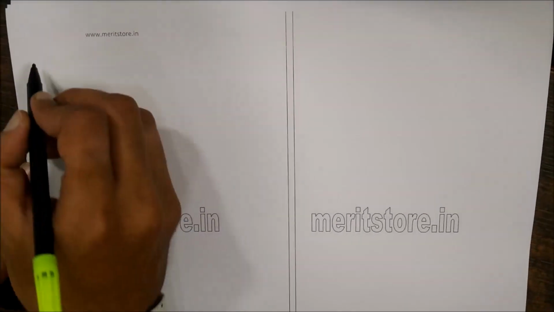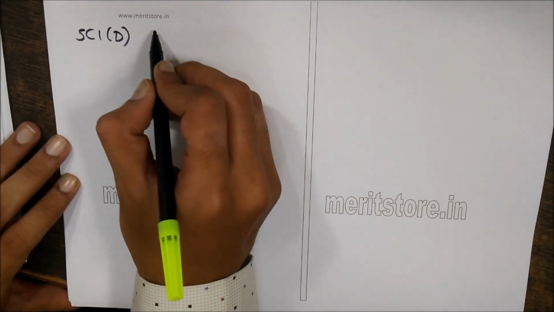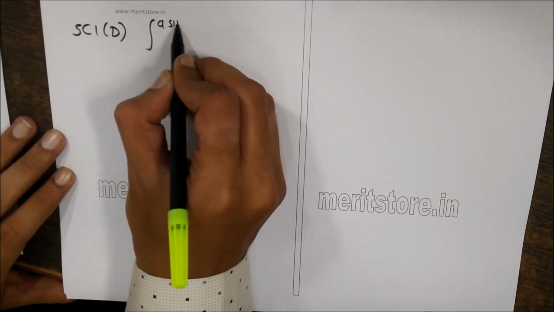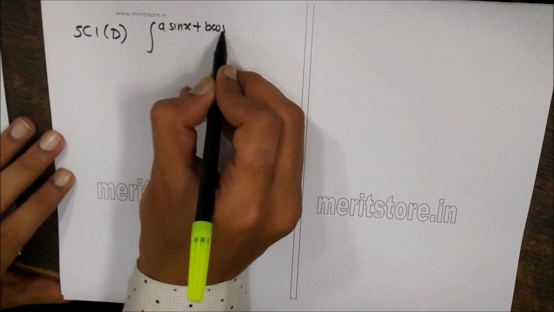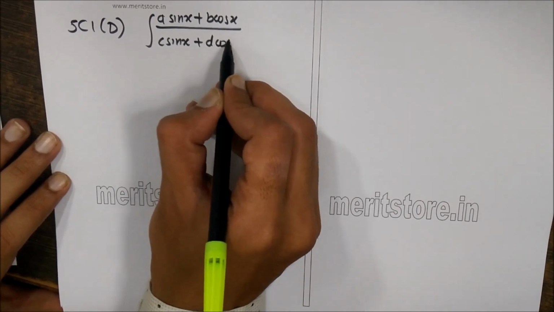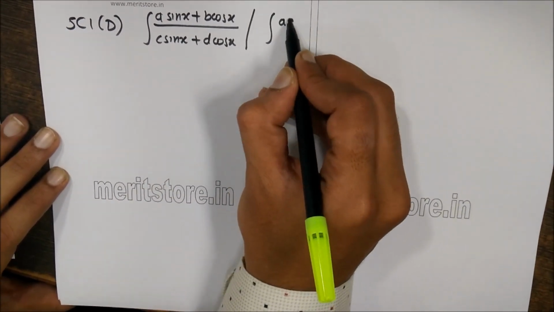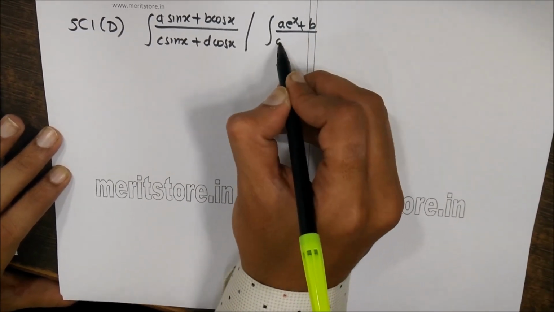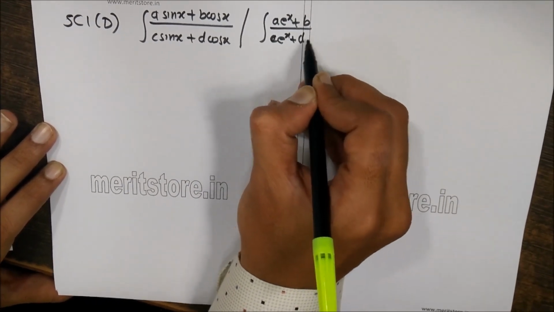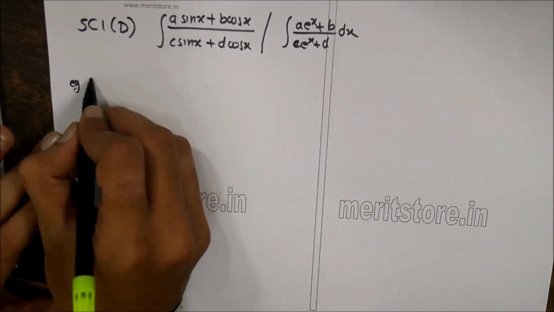For the next category of sine cosine category D, they are of the category a sin x plus b cos x upon c sin x plus d cos x, or we can also integrate a e raised to x plus b upon c e raised to x plus d with the technique. Let's take an example.